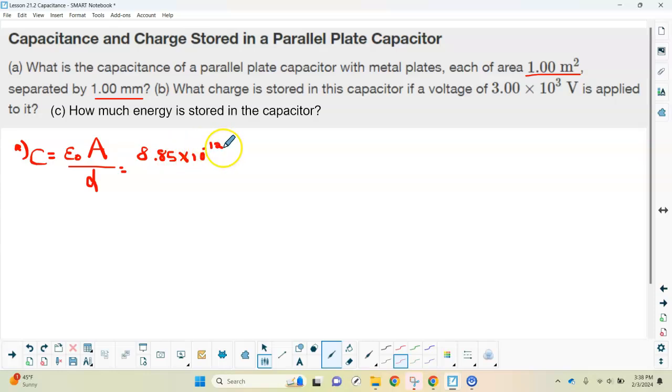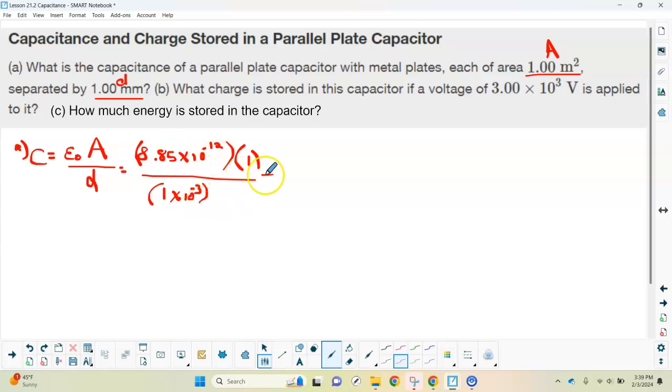Again, you will have that on your test. You won't have to have that memorized. The area is just 1 square meter, so we'll use that. And then the separation is 1 millimeter. We don't work in millimeters, so we're going to divide by 1 times 10 to the negative 3rd, because 10 to the negative 3rd is what milli stands for.